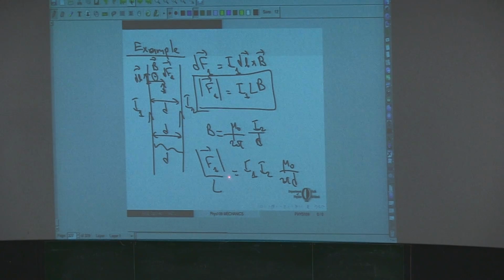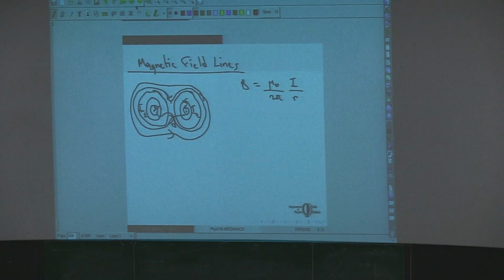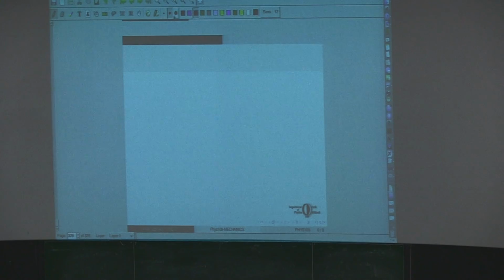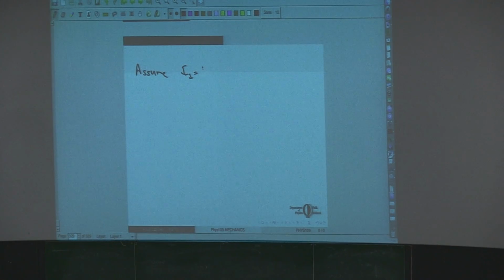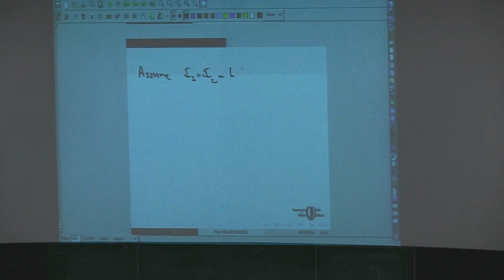This force per unit length is given by the product of the currents times this coefficient over here, which depends on the inverse of the distance. This is our magnetic field. Now let's just assume I1 is equal to I2, which is equal to 1 ampere, and the distance is 1 meter.